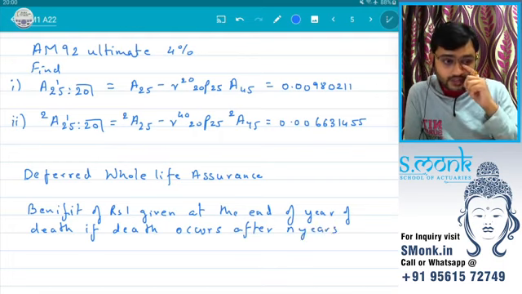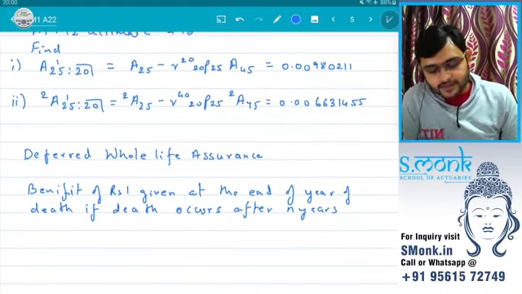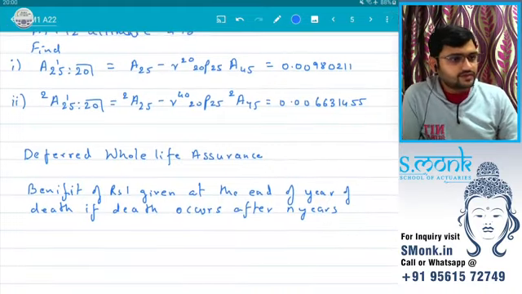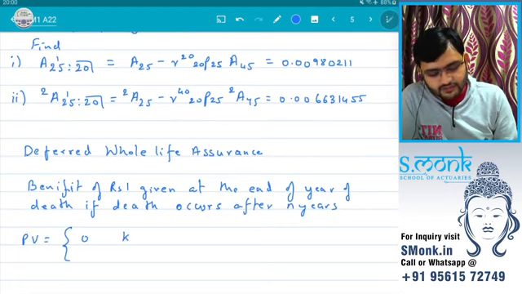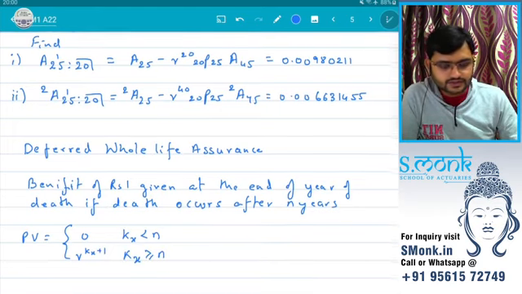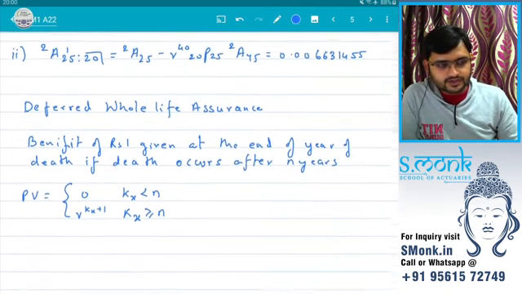So only if the death occurs after n years, then this payment is given. Here the present value is going to be 0 if the death occurs within those n years, and the payment will be v raised to K_x plus 1 if the death occurs after n years. Right? So it is exactly opposite of term assurance, right?